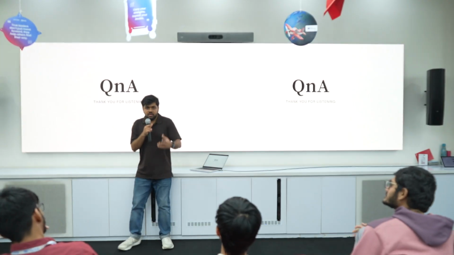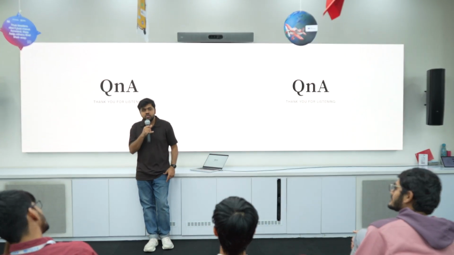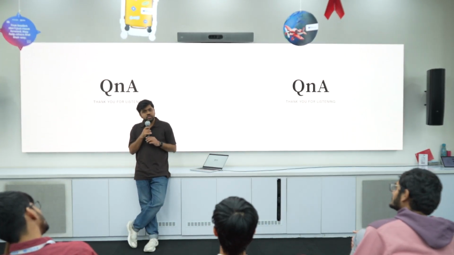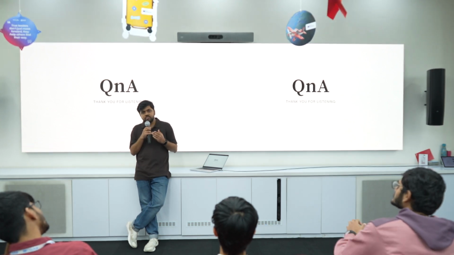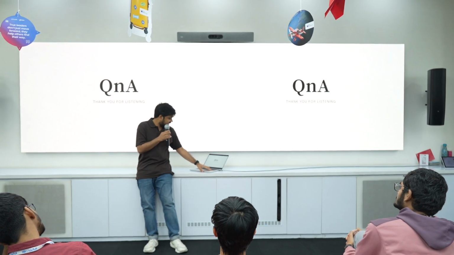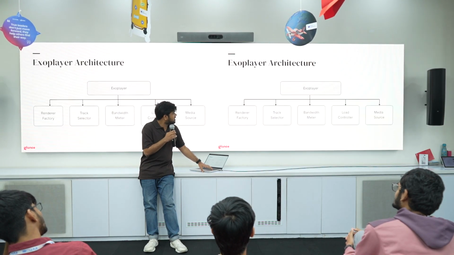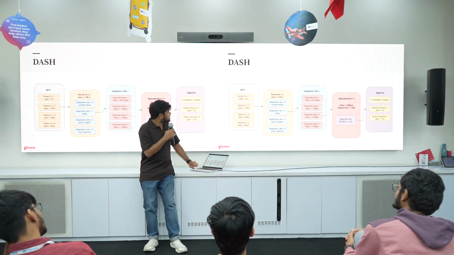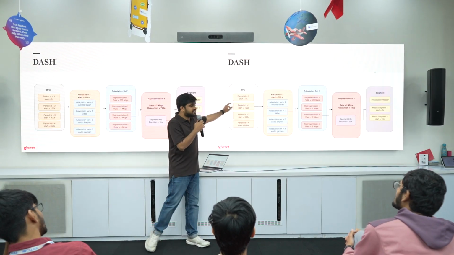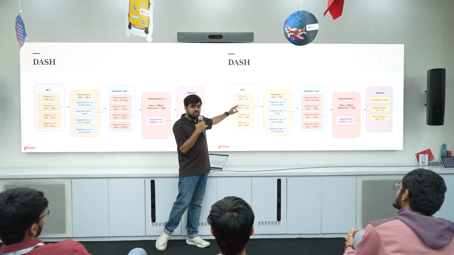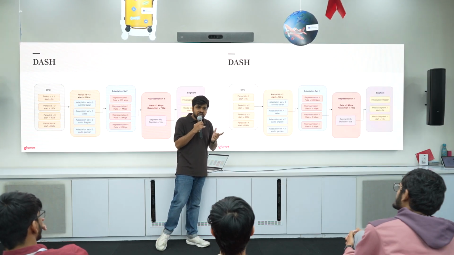But ads are inserted using the MPD, which you are seeing in this slide. In this slide, you see these period IDs. A period ID is nothing but a different kind of content inside one content.